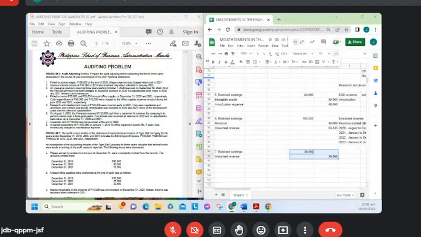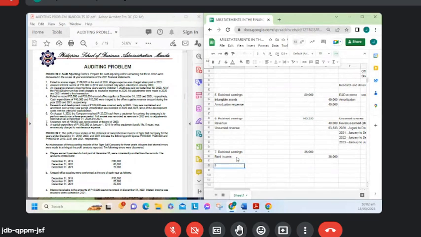Okay? Ay, unearned rent. If it's unearned, it's rent revenue na to. Rent income pala to. Rent income in 2021.